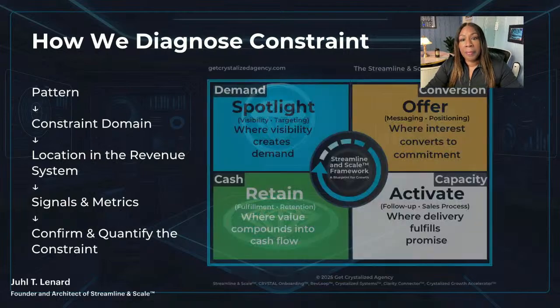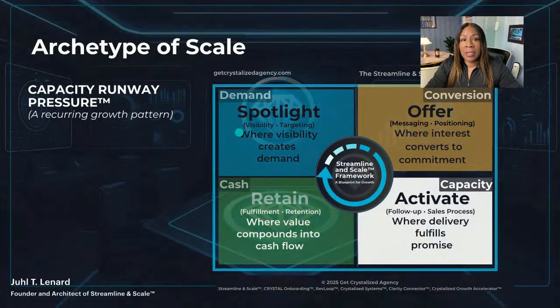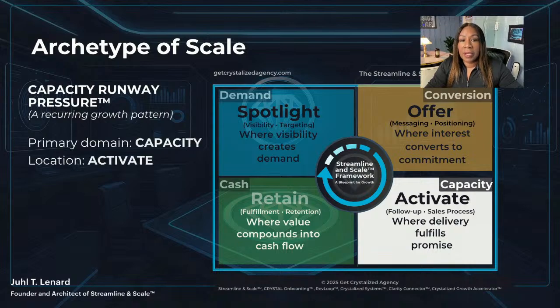We use the revenue system to be able to do that. So this week, we are looking at the archetype of capacity runway pressure, and this is in the capacity domain, and it is located in the Activate quadrant of the revenue system.